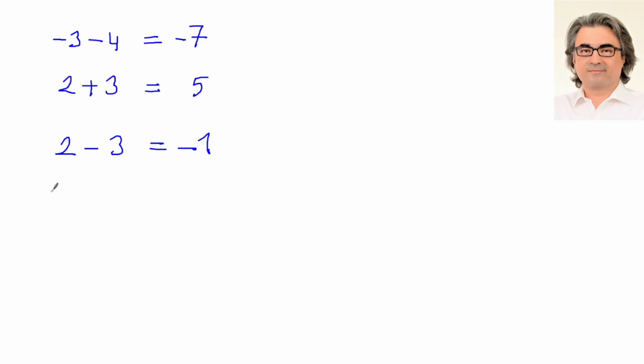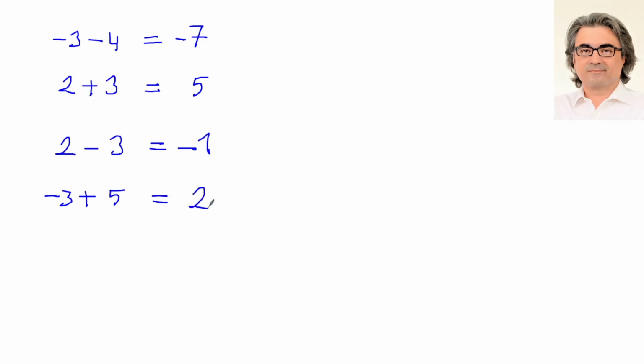The next example, minus 3 plus 5. Again, I have two numbers here. Don't think on their signs. They have the different signs, as you see. If they have different, opposite signs, we should find the difference between them. What is the difference between 5 and 3?